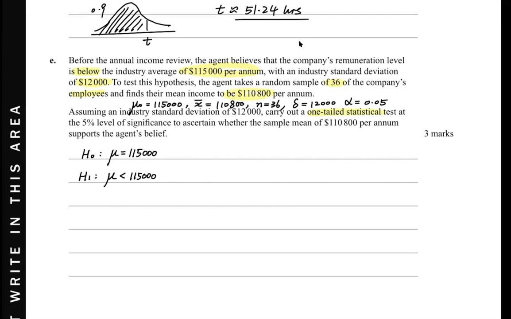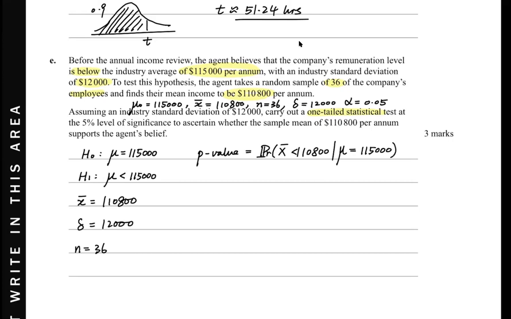So our X bar is this guy here. Sigma is 12,000, and n is 36. My p-value is the probability X bar is less than that value, given that mu equals 115,000.